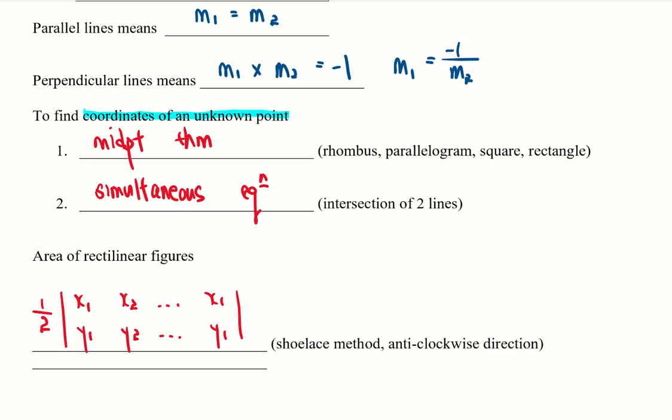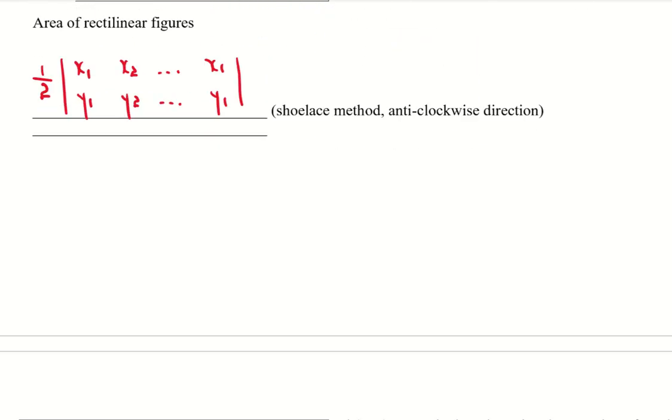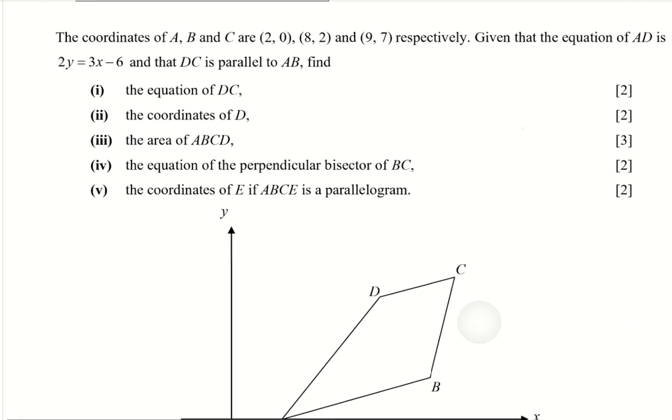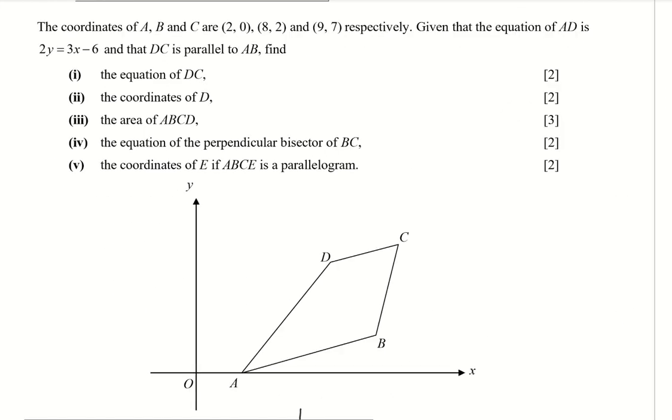Now, with the formulas and the concepts I've just recapped, we will try to tackle this sample question. After reading the question, it's always important to insert the useful information into the diagram. I would like the coordinates to be written in the diagram.